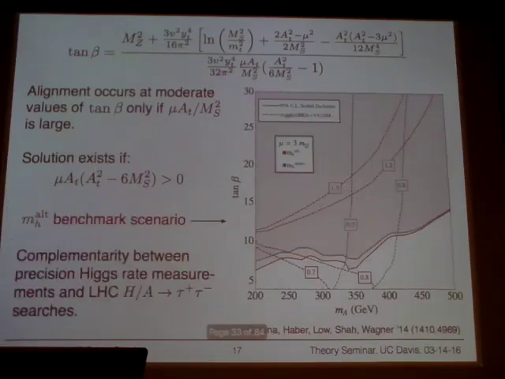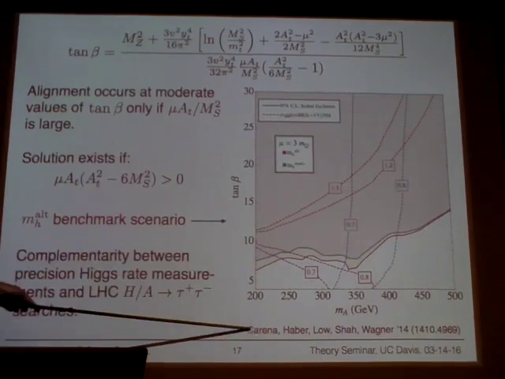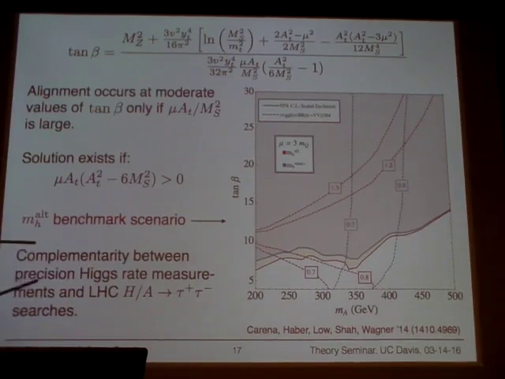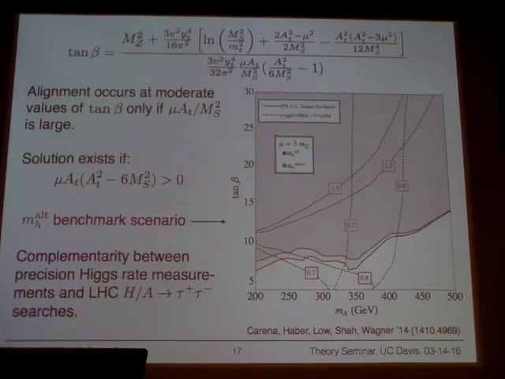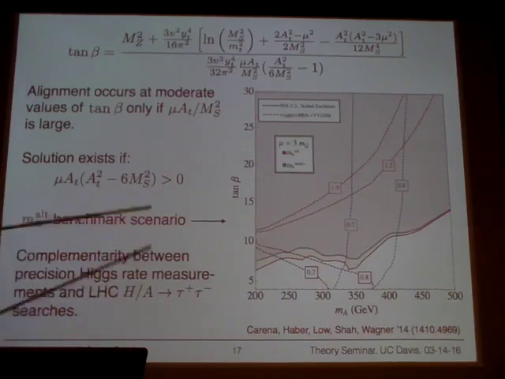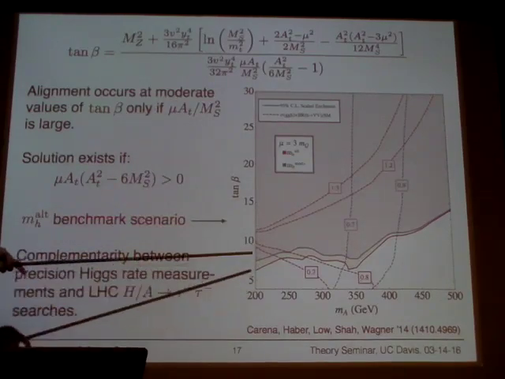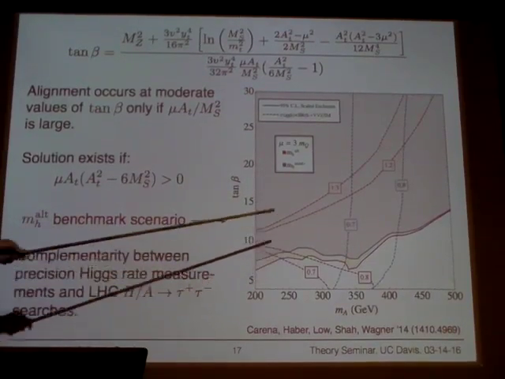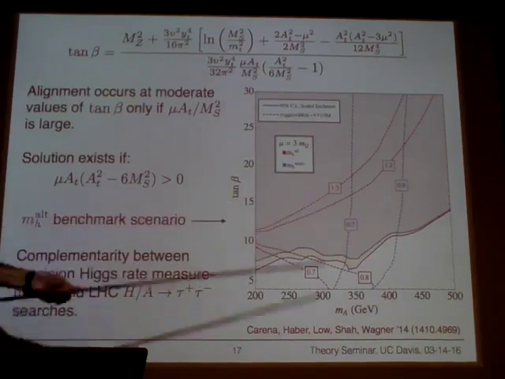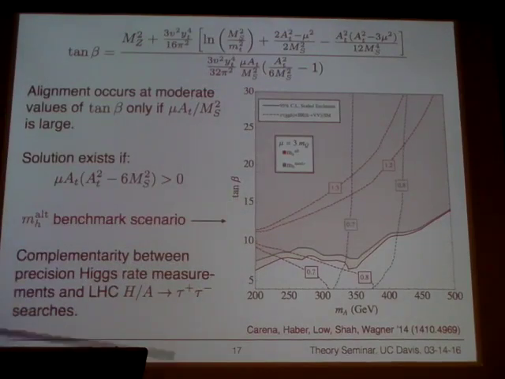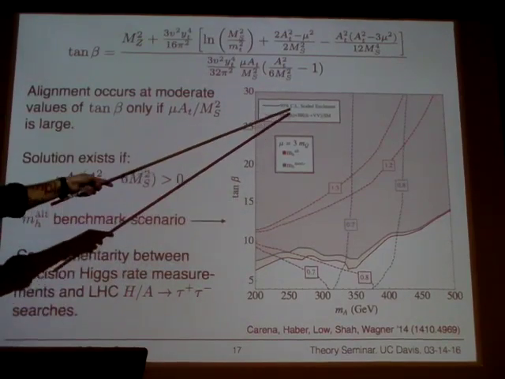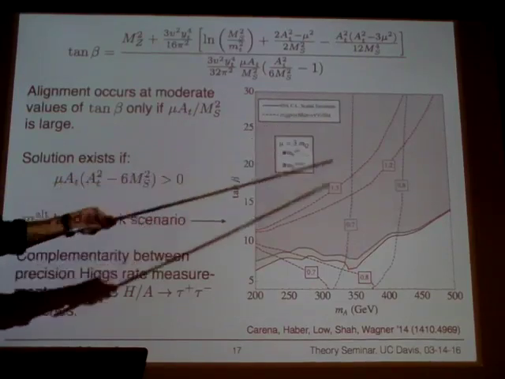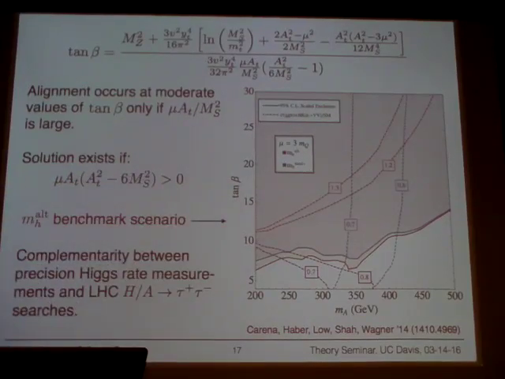So this was all studied in this paper here, so I'm just following it closely. And what they also did is to propose a benchmark scenario where this alignment actually appears. This is just the MA and tan beta plane of this benchmark scenario. Just look at the red curves here. The dotted lines give you the deviations in the signal strength of gluon fusion production and Higgs-to-vector-boson decay.